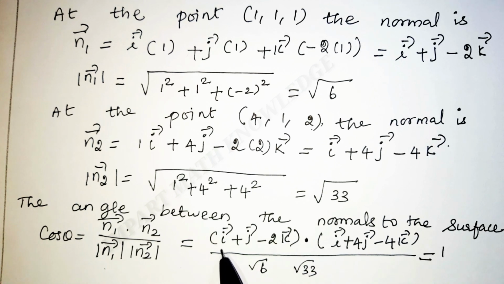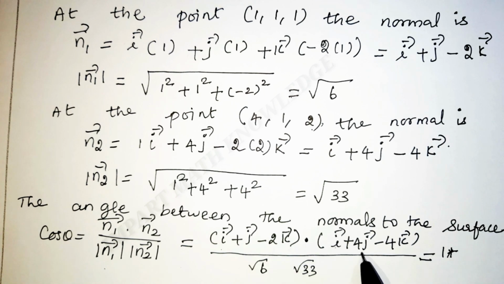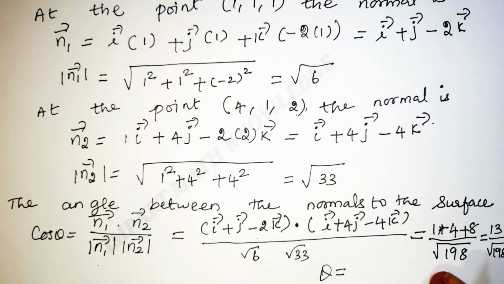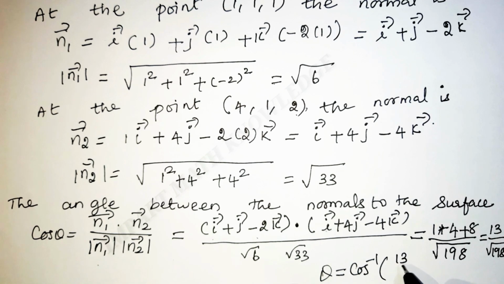Take the dot product, first term with the first term, 1 into 1, 1, plus second term with the second term, 1 into 4 is 4. The third term minus 2 into minus 4, that is plus 8, divided by root of 198. This is equal to 13 divided by root 198. So theta is equal to cos inverse of 13 divided by root 198.